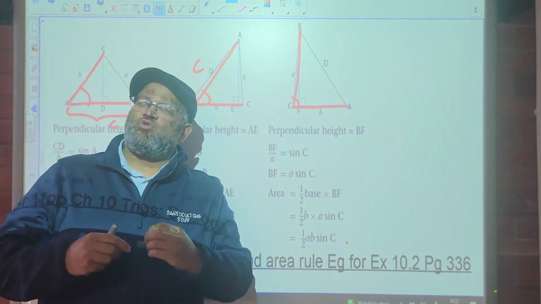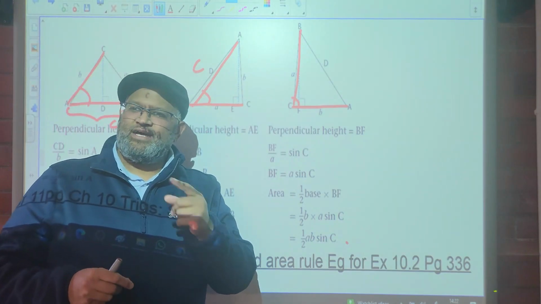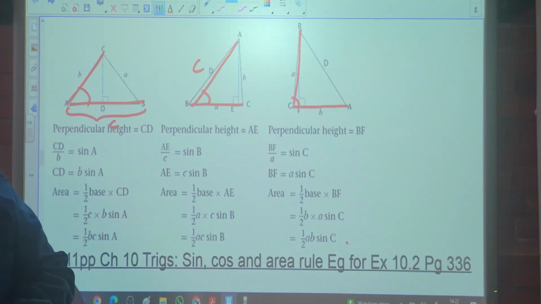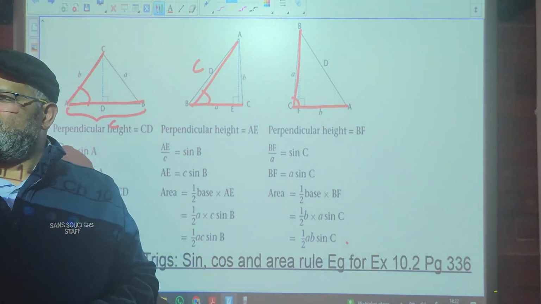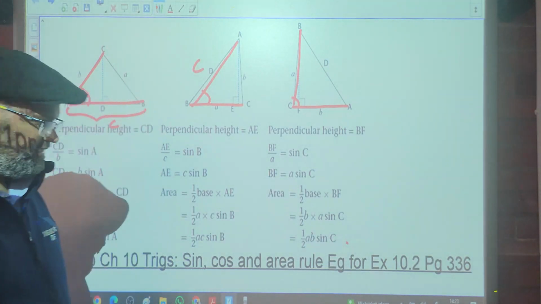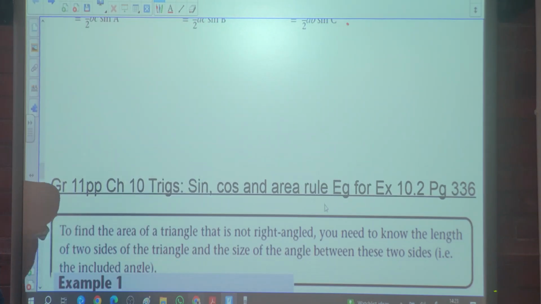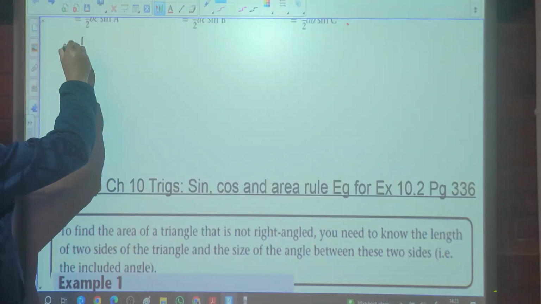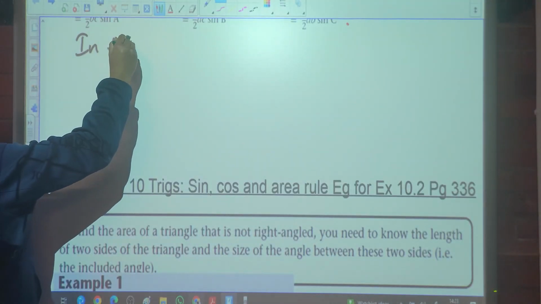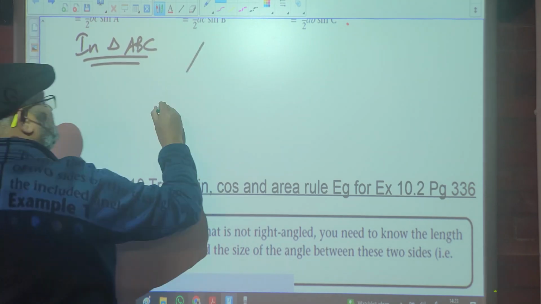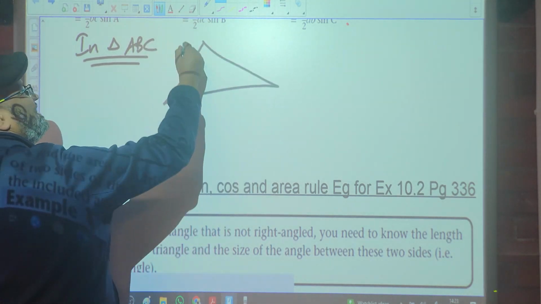So for the area rule, we need two lengths and an included angle. If it's not an included angle, then you can't use the area rule on that triangle. The sine rule is in tomorrow's lesson. So, in general terms, you can write this down: in triangle ABC, just make it a non-right angle triangle.